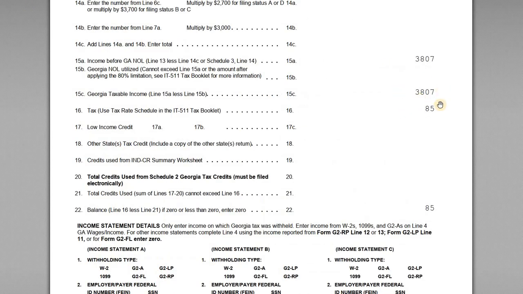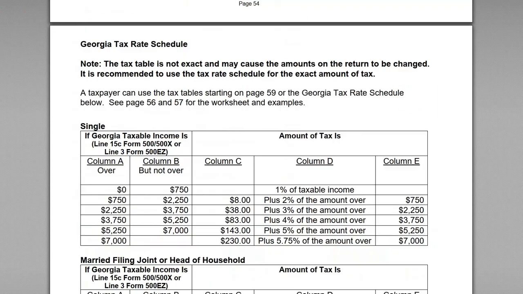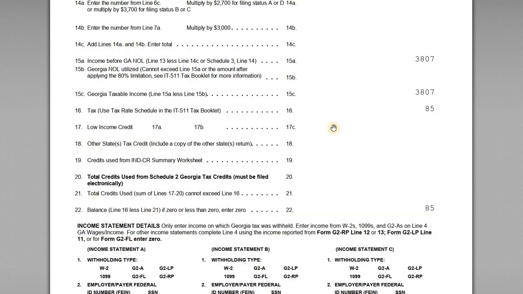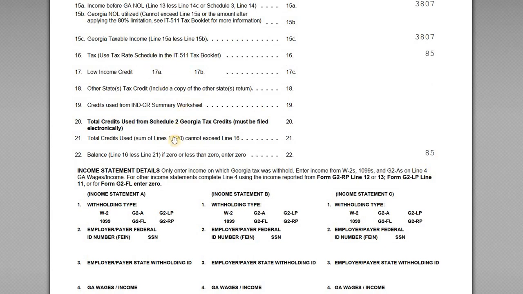Okay, so we've got $3,807 minus $2,250. Multiply that by 3%. And then add the $38. We have $84.70, or round up to $85 in tax. So line 16, we have the tax of $85, and the balance owed, assuming there's no other credits here, which there aren't.